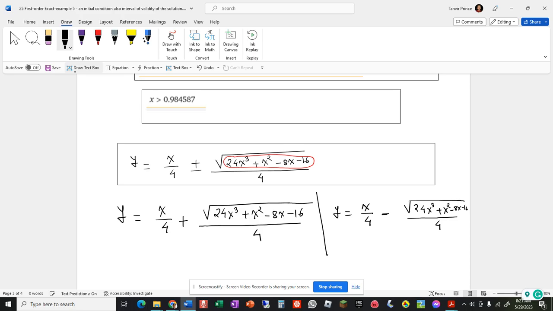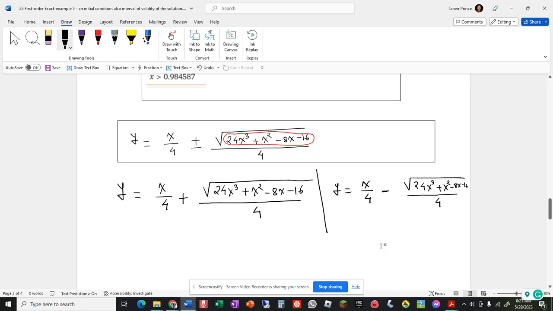Now remember which one, but don't forget our initial condition, right?